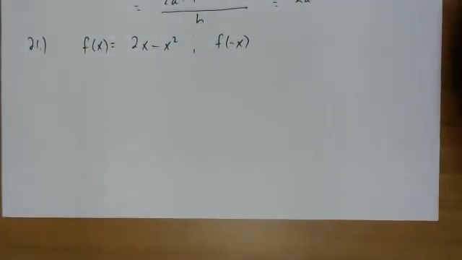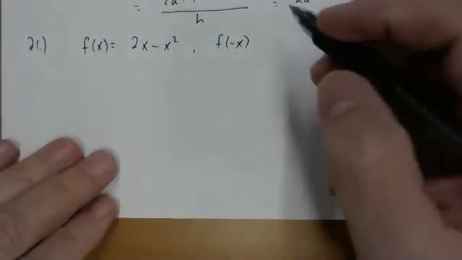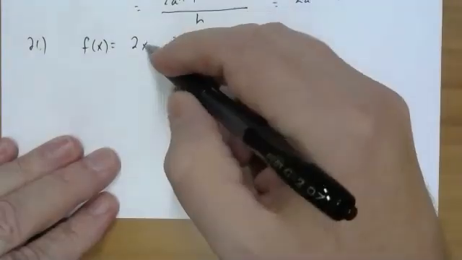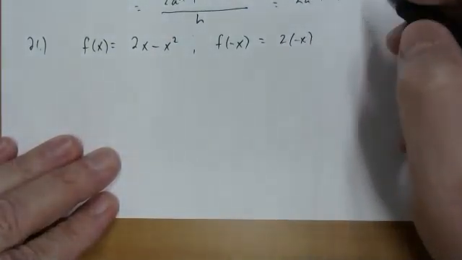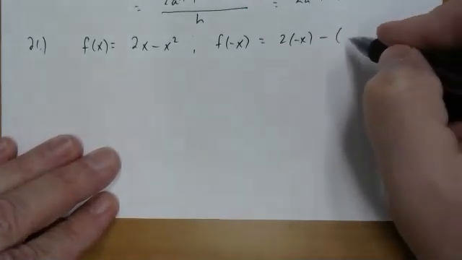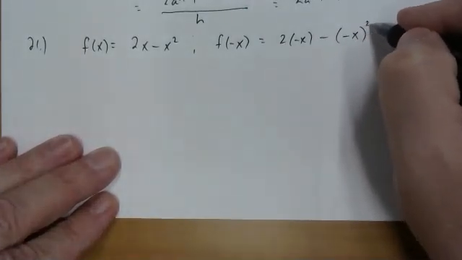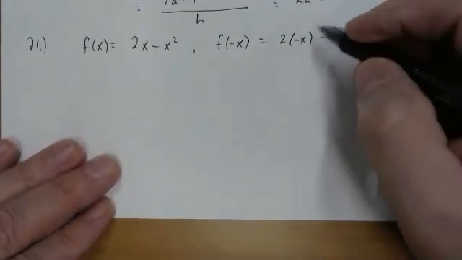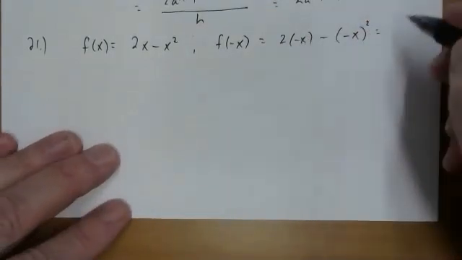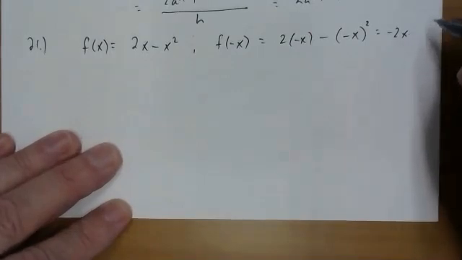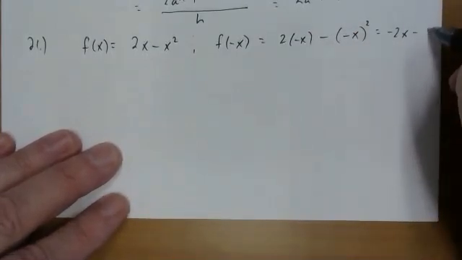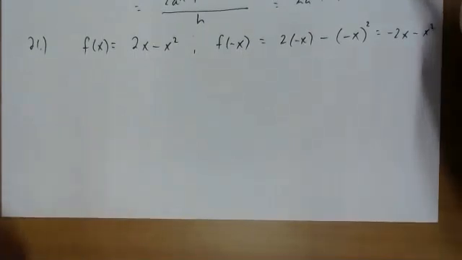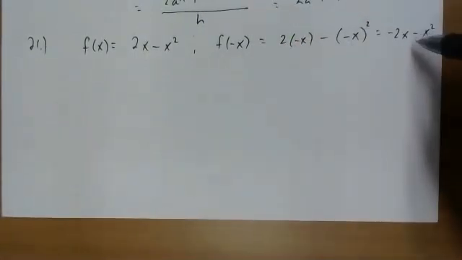The way you check even, odd, or neither is you take your function and find f of negative x. So every place I have an x, I put in a negative x. So 2 times negative x is negative 2x. Negative x squared is x squared. So f of negative x is this.